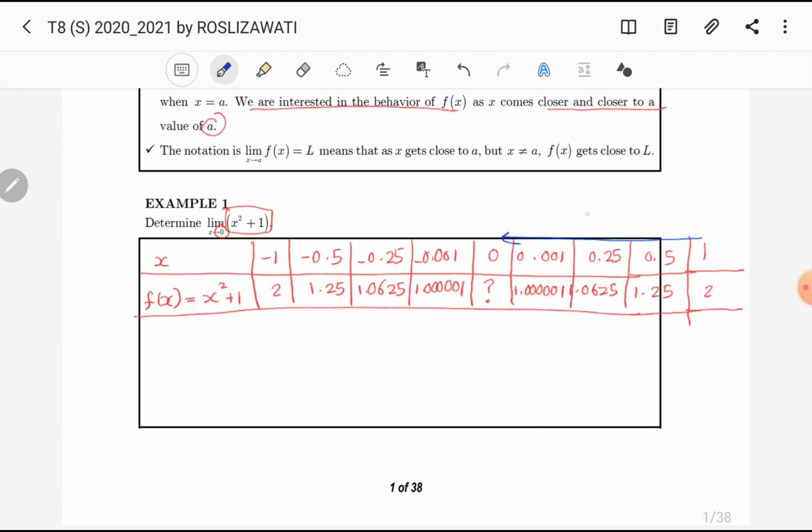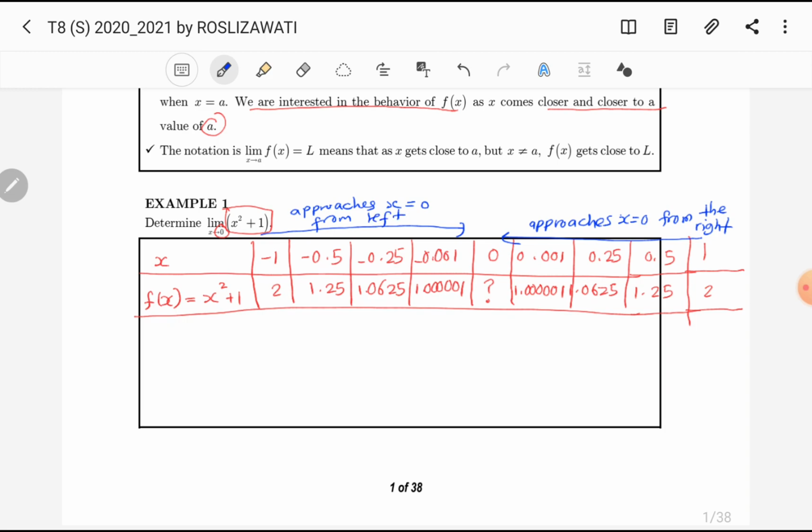Ini kita panggil x approaches 0 from the right. And for this one, x approaches 0 from the left.